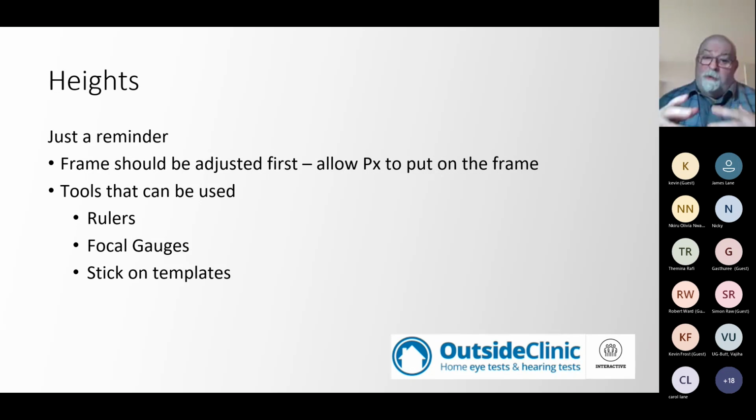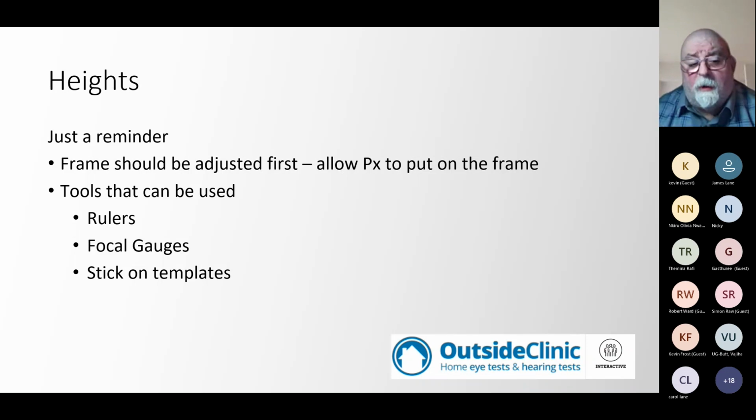Now, I'm sure other companies do these, and I am aware that for CPD, I shouldn't really be naming companies, but Louis Stone has these little stick-ons. You put them on the dummy lens, and it is a ruler, just a series of 2mm gaps going from the bottom of the frame upwards. I find those quite useful.